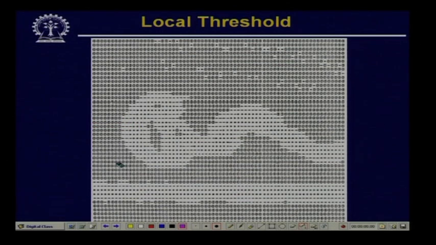So, by making use of this particular pattern, I can identify which portion of this scan line belongs to the object and which portion belongs to the background. So, the kind of symbols on the scan lines that we have obtained is like this.